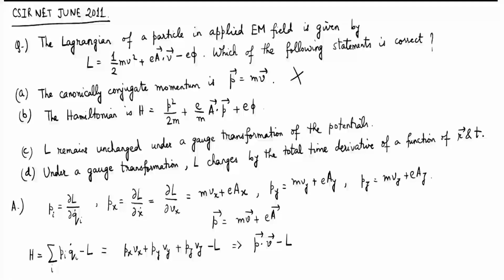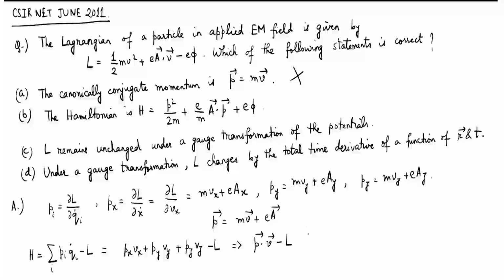What is the Hamiltonian of a particle in an electromagnetic field? If you know, then you don't have to calculate all these things. What is the Hamiltonian of a charged particle in an electromagnetic field? Second term will not be there. This is not correct. Is it coming like this?